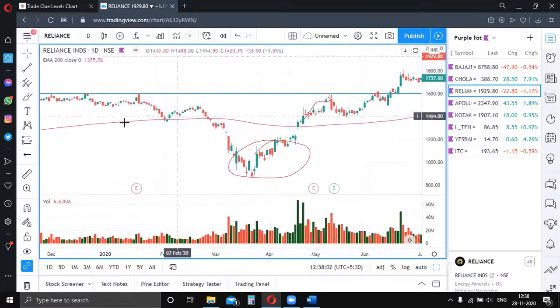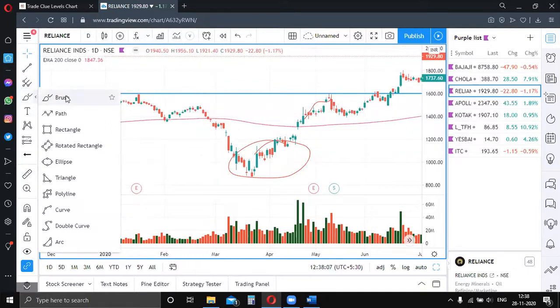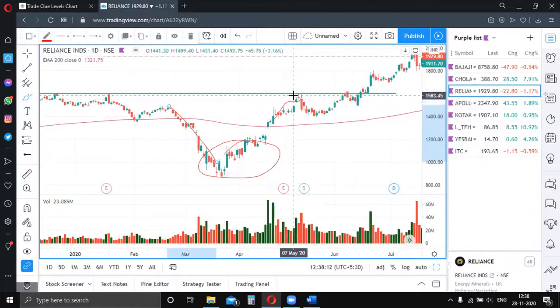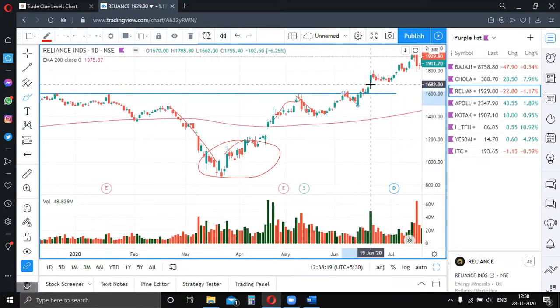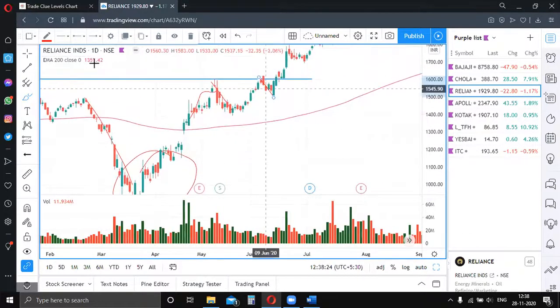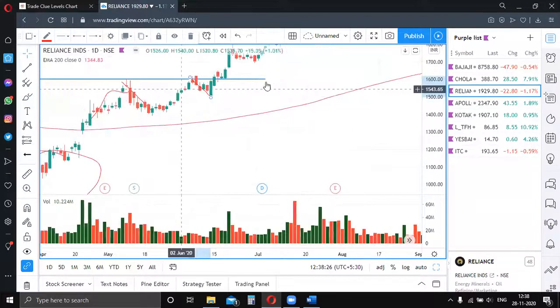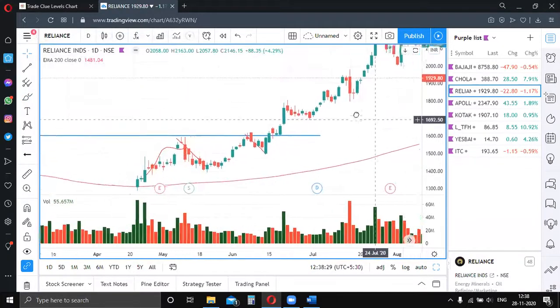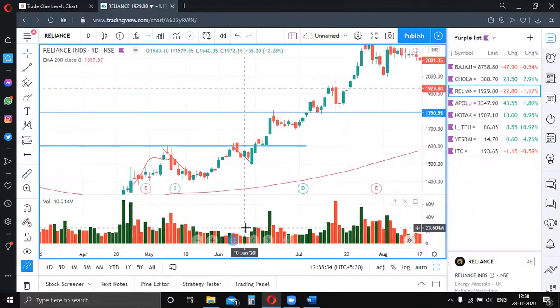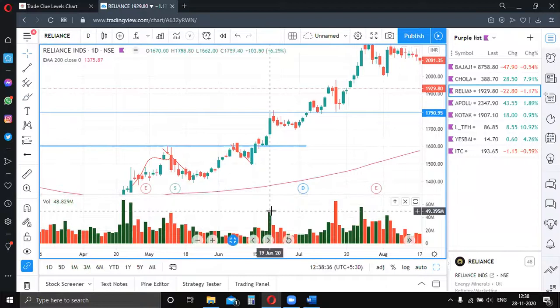So whoever was selling in that stock, this was an early round of selling along with all the stocks. As soon as it appeared near the recent highs, again there was a good pullback. Again it appeared there. As soon as I am getting a clear breakout from that zone, the good thing is this breakout is above all the cluster and backed by a good volume candle as well.